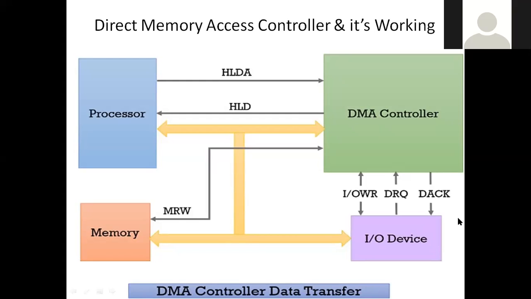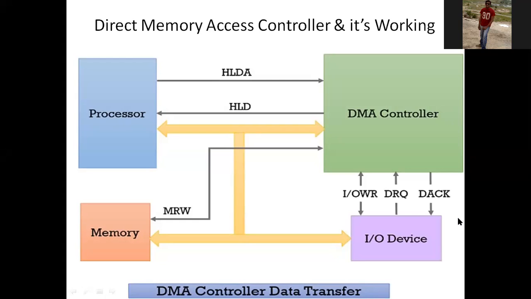Okay, now I can explain this clearly. Are you able to see the IO device and the things attached to it? There are signals: DACK, DRQ, and IO write and read. First, the IO device requests the DMA controller by issuing the DRQ signal, and the DMA controller sends the HOLD signal to the processor.